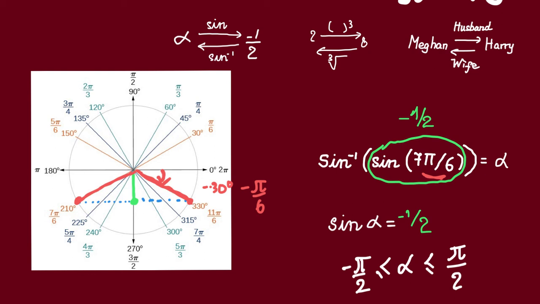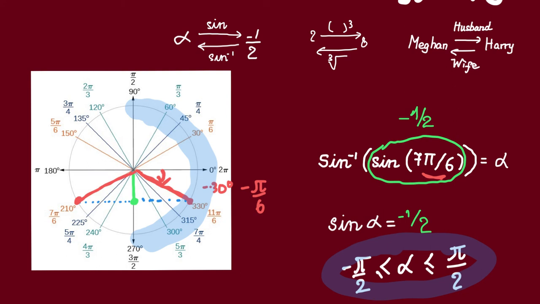Now be careful here, you need to distinguish between the terminal ray and the angle. Some of you will look at this condition here and say that we've decided that sine inverse of any number should be an angle whose terminal side lies in here. That's correct.